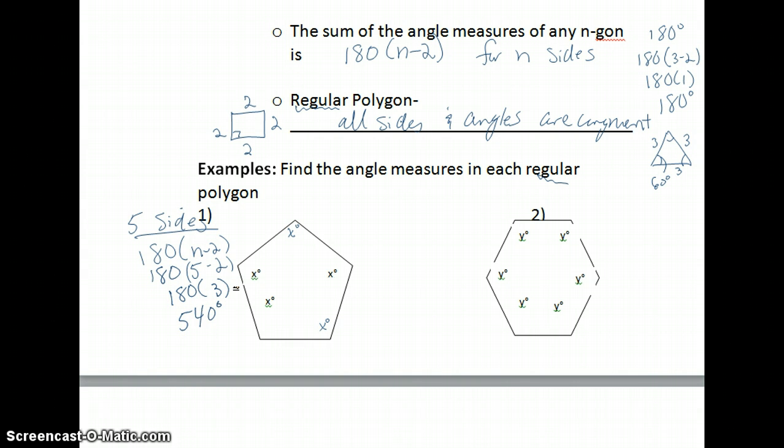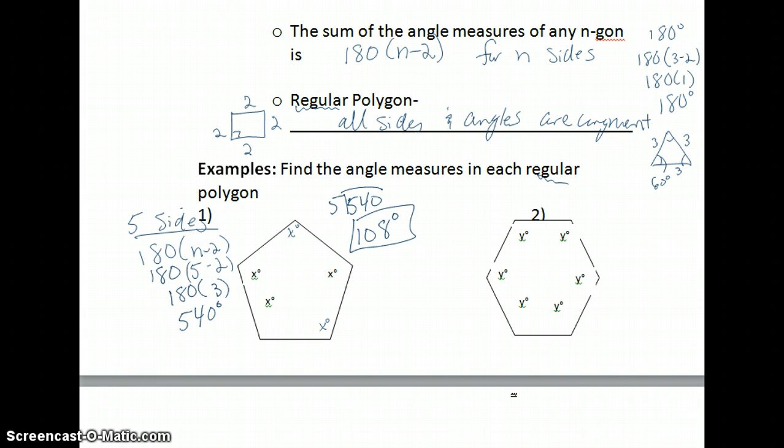That tells us the total. If we add all of these angles together, we'll get 540. Since it's regular, we said that each angle was the same. So we want to do 540 divided by our 5 angles. When we do that, we get 108 degrees for each angle.